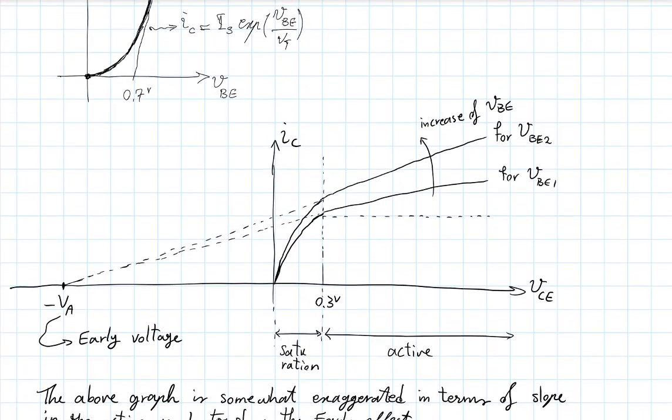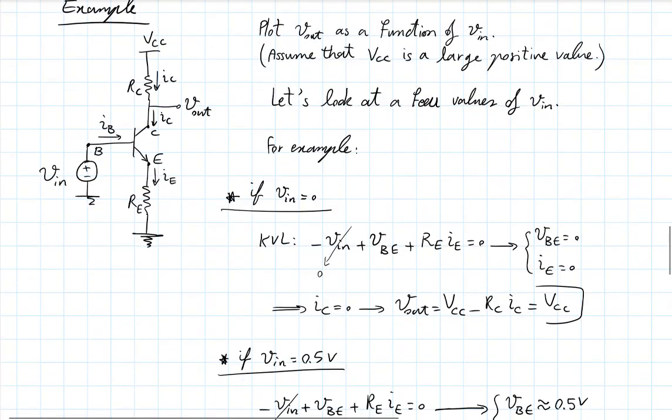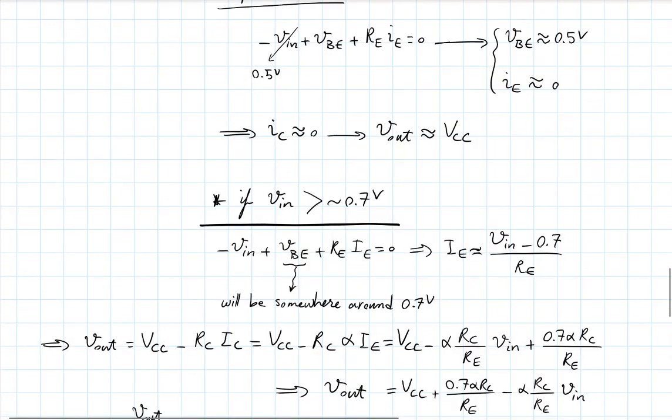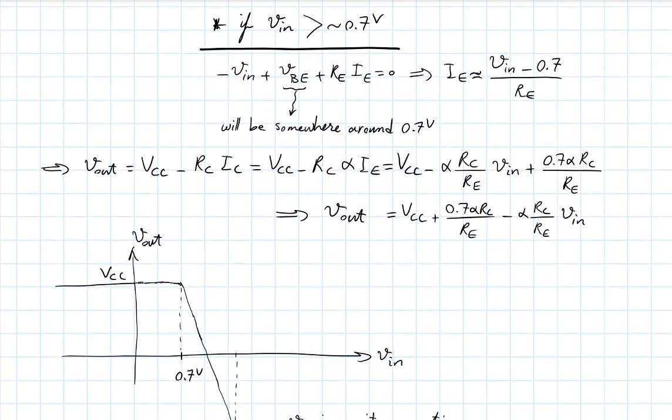You're somewhere around here. You have long abandoned the active mode. You see, that mode of operation where your collector current could be said to be more or less equal to the emitter current, or alpha times emitter current, with alpha being somewhere near 1. You have long since abandoned it.